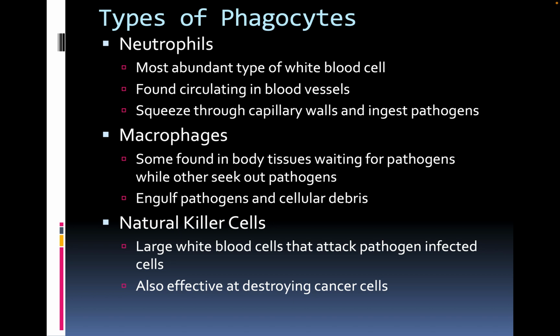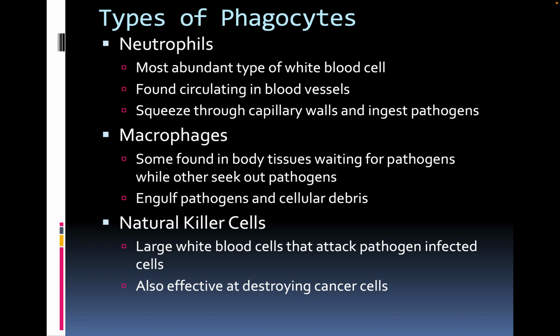They squeeze through the capillary walls and ingest pathogens that they find. Macrophages are basically white blood cells that are almost like guard cells. They're in specific areas in the body, in the tissues, and they just are sitting there waiting for pathogens to come in, and they start gulping them up.